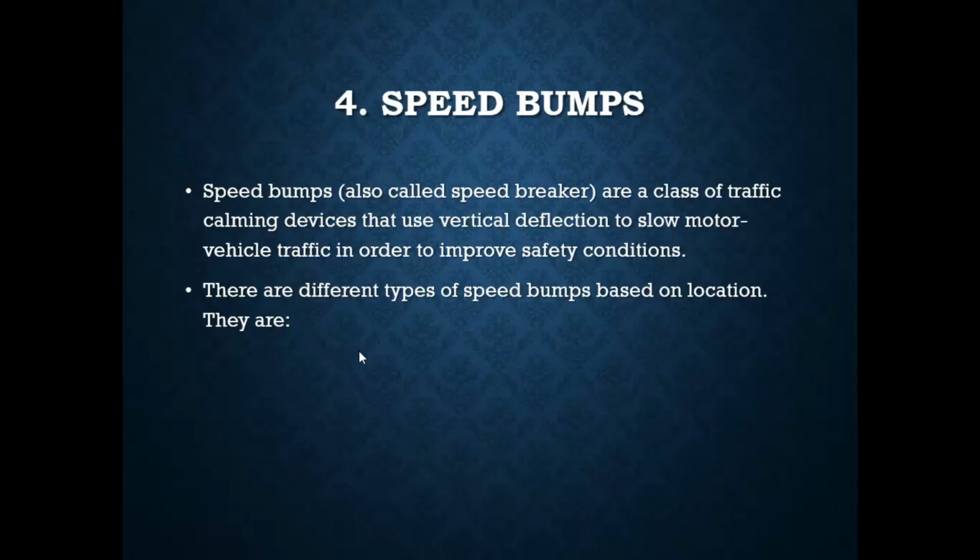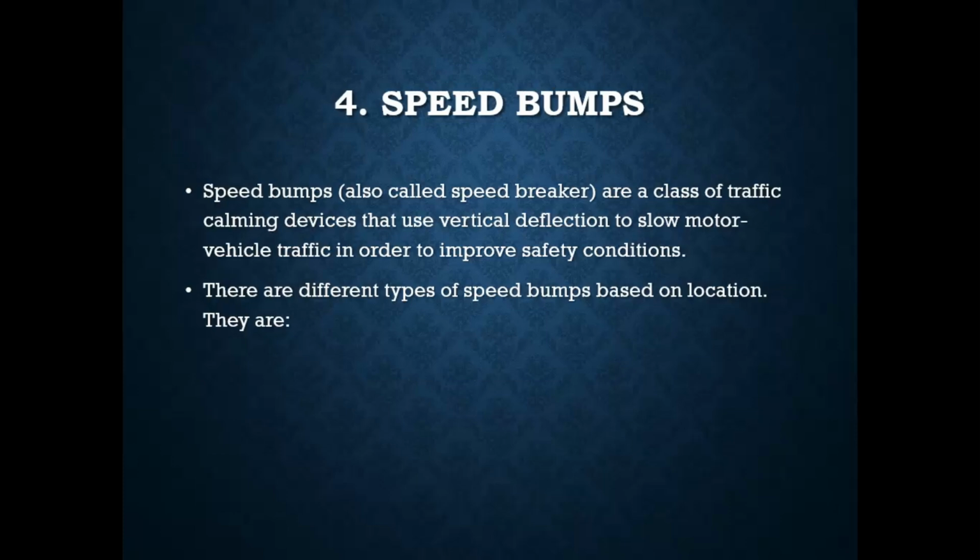Then the fourth one is the road speed bumps. Speed bumps, also known as speed breakers, are a class of traffic calming devices that use vertical deflections to slow motor vehicle traffic in order to improve safety and control. So these are in place to help us slow down or brake.